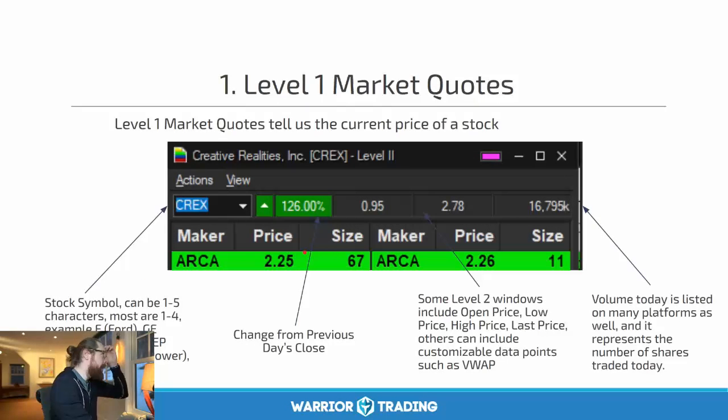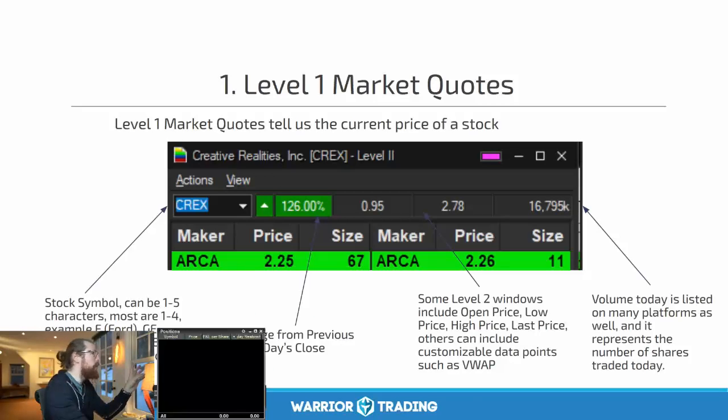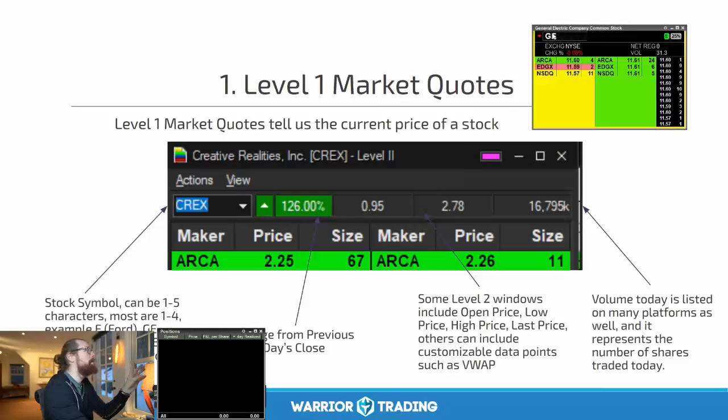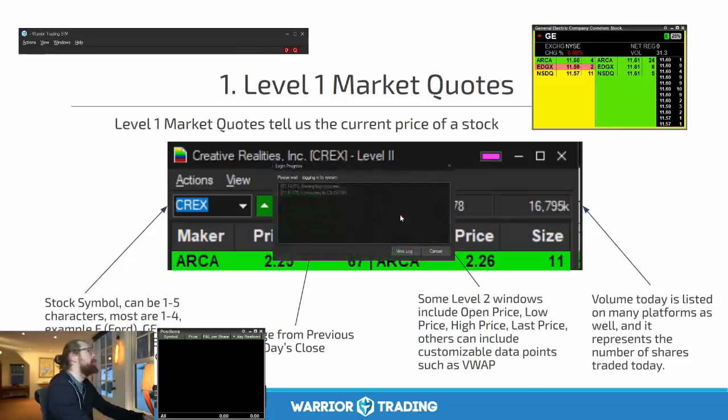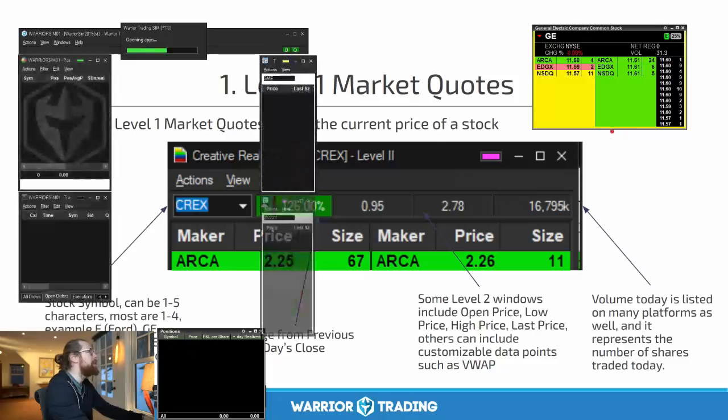And just as a refresher, which we'll just breeze through here, this is the quick breakdown that we went through in the starter of what the level 1 market quotes look like. So of course, on every level 2 window, we have the stock symbol up at the top. Up at the top row, we have some information which is customizable. This is the percentage gain on the day. This here shows the exchange, whereas Sterling, as you may recall, let me just open up the Sterling platform, shows the exchange down at the bottom of the window, sort of like down here.